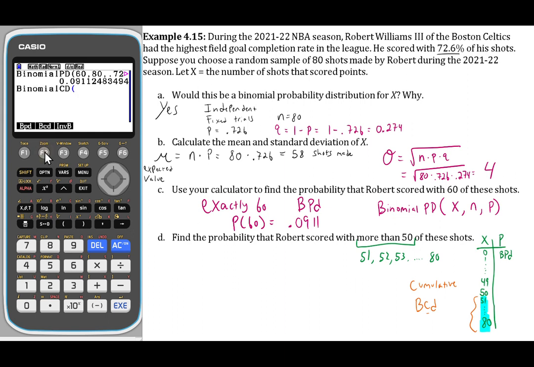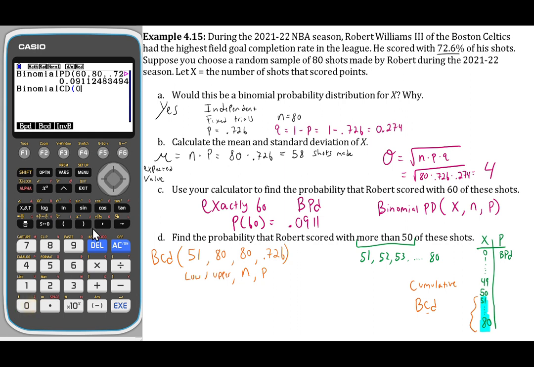Now this is a little bit confusing, but if we're going to use the BCD feature, we need to put the lower value first, comma, the upper value second, comma, the number of trials third, and the probability of success fourth. So in this case, the lower amount would be 51, the upper amount would be 80, the trials would be 80, and the probability of success is 0.726.